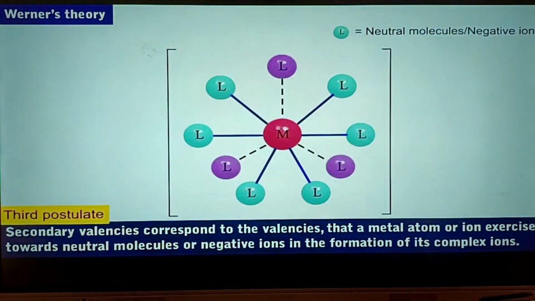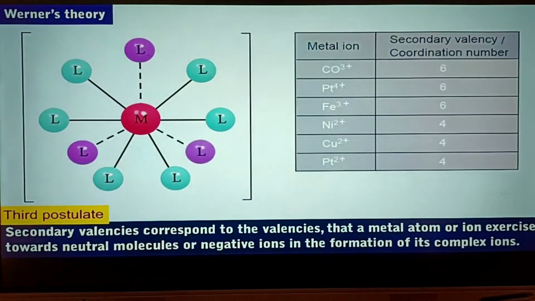The third postulate states that secondary valencies correspond to the valencies that a metal atom or ion exercises towards neutral molecules or negative ions in the formation of its complex ions. Every metal has a fixed number of secondary valencies or coordination number.